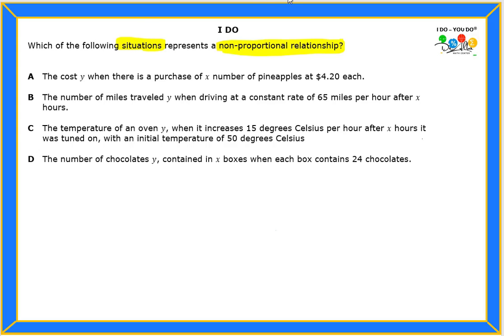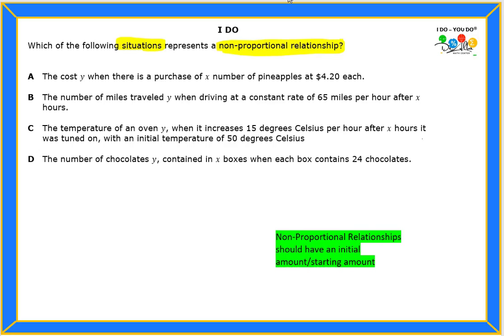In a non-proportional relationship, you're always going to be able to identify what we call an initial amount or a starting amount. That's the difference between non-proportional and proportional. So when I read the problem, I should be able to identify an initial amount, something that they started with, and then they charge you something else.